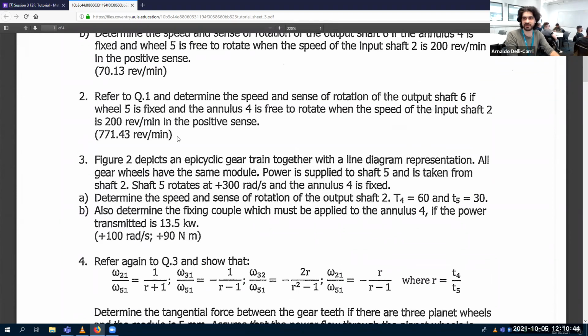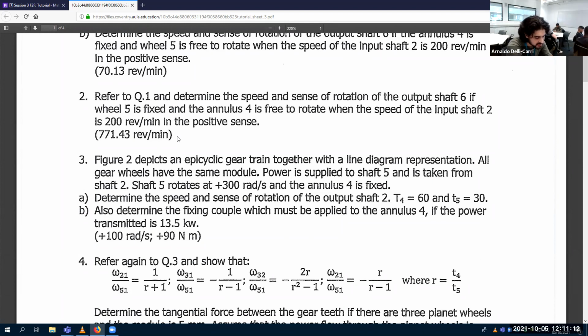It's the same figure, it's the same thing. The only thing that changes now is that instead of fixing the ring, we are fixing one of the suns. So instead of fixing the ring 4, we are fixing the sun 5. And we are letting the annulus 4 free to rotate. So the input shaft is still 2, but now the output is 4. The output is the ring.